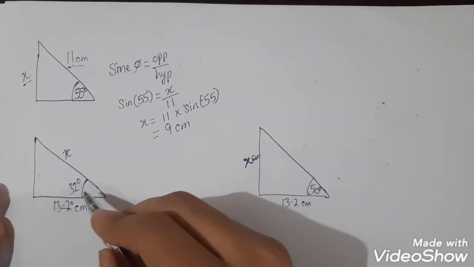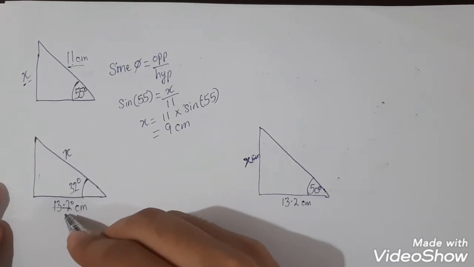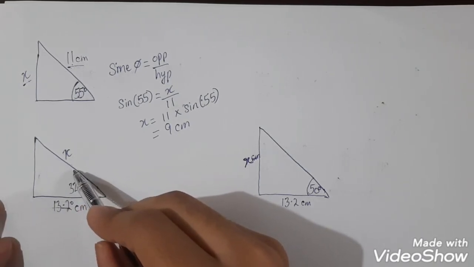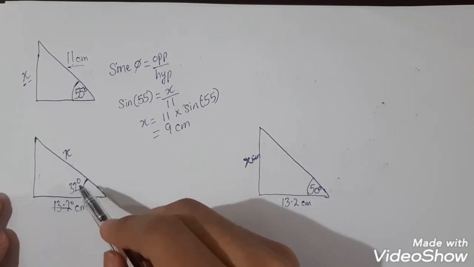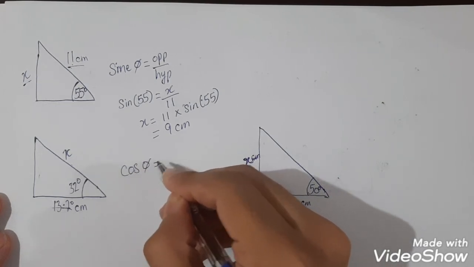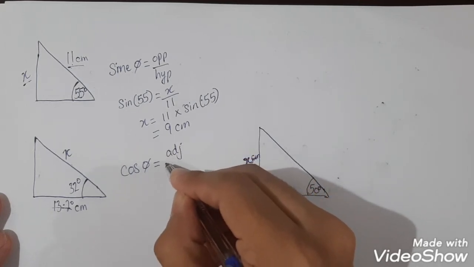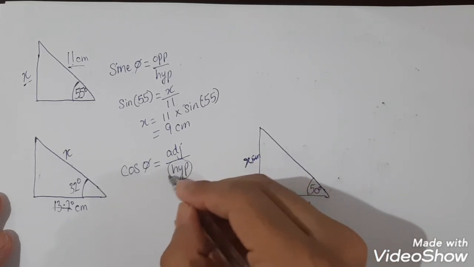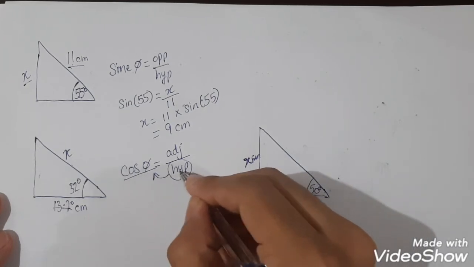Second question states that we have the angle 32 degrees and the adjacent length which is 13.2 centimeter. But in this we have to calculate the length of hypotenuse. So we have the adjacent length, we have the angle, so we will use cosine rule. So cos theta is equal to adjacent divided by hypotenuse. So we'll move hypotenuse to the left side and bring cosine theta below adjacent.